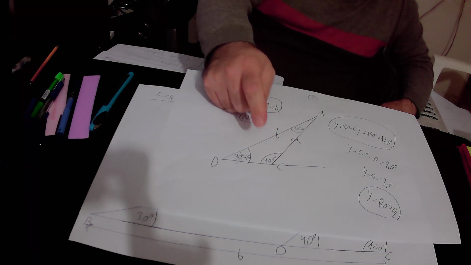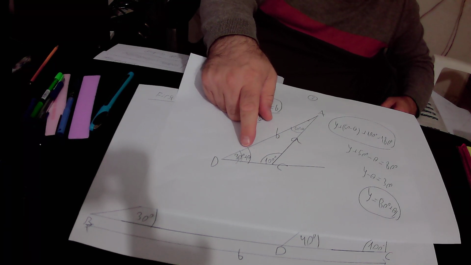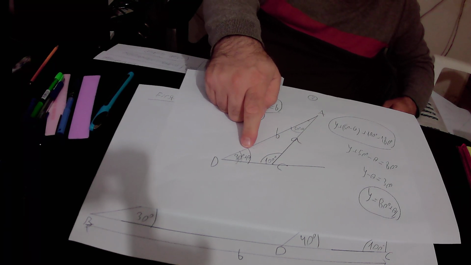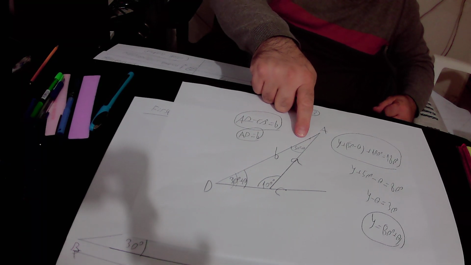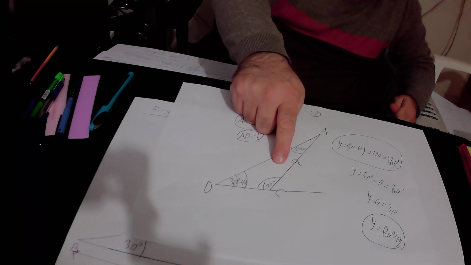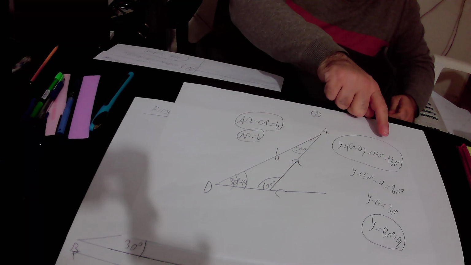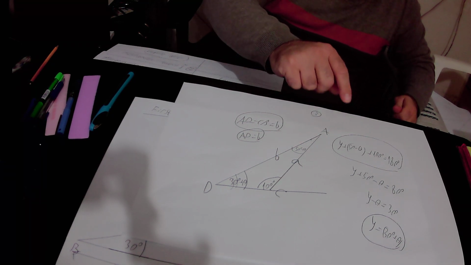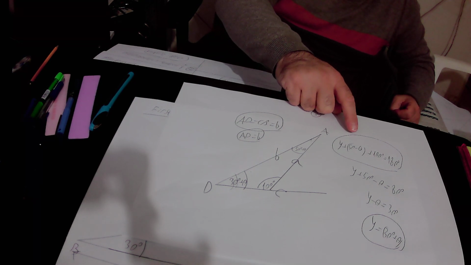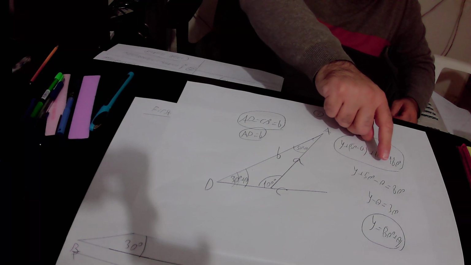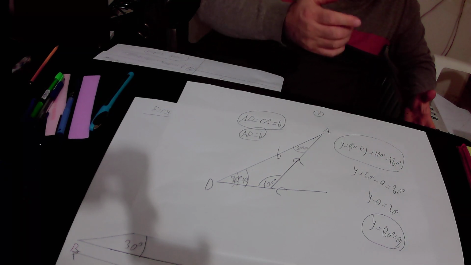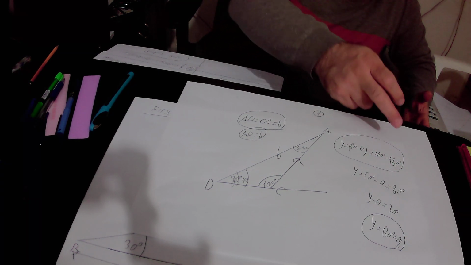So if we define this angle as y, then angle y plus this angle that is 50 degrees minus theta plus 100 degrees must be equal to 180 degrees. Then we subtracted 100 degrees from this equation, and we got that y plus 50 degrees minus theta equals 80 degrees, because 180 degrees minus 100 degrees is 80 degrees.